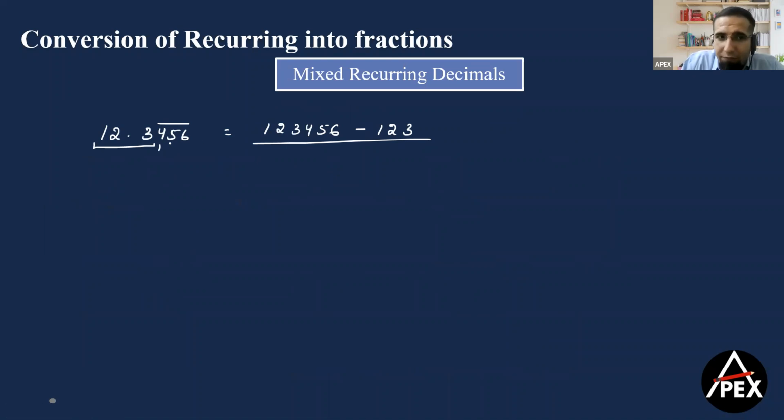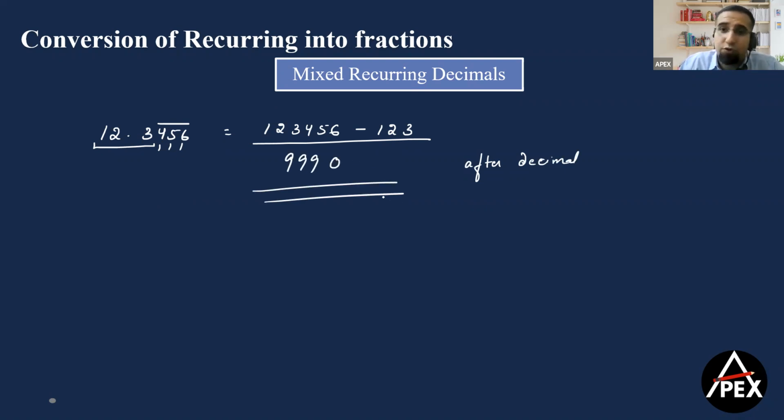I repeat, for the denominator, you have to focus on the portion after the decimal point. So after decimal, 3 digits are repeating, 3 nines, and 1 digit is not repeating. So therefore, 1 0. So this becomes your P by Q form of the mixed recurring decimal. So in short, even a mixed recurring decimal can be written in the form of P by Q, and therefore this is also a rational number.